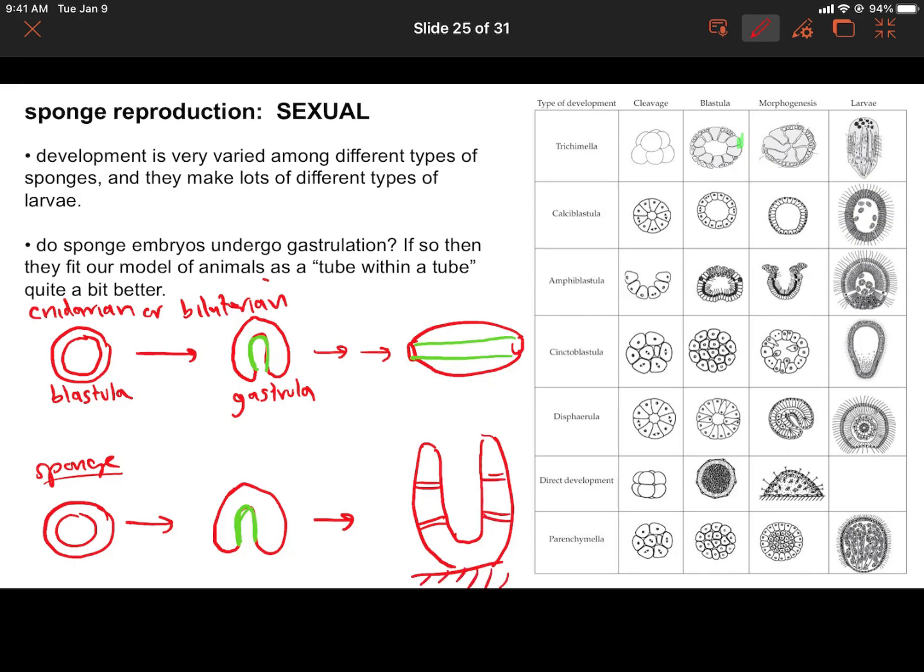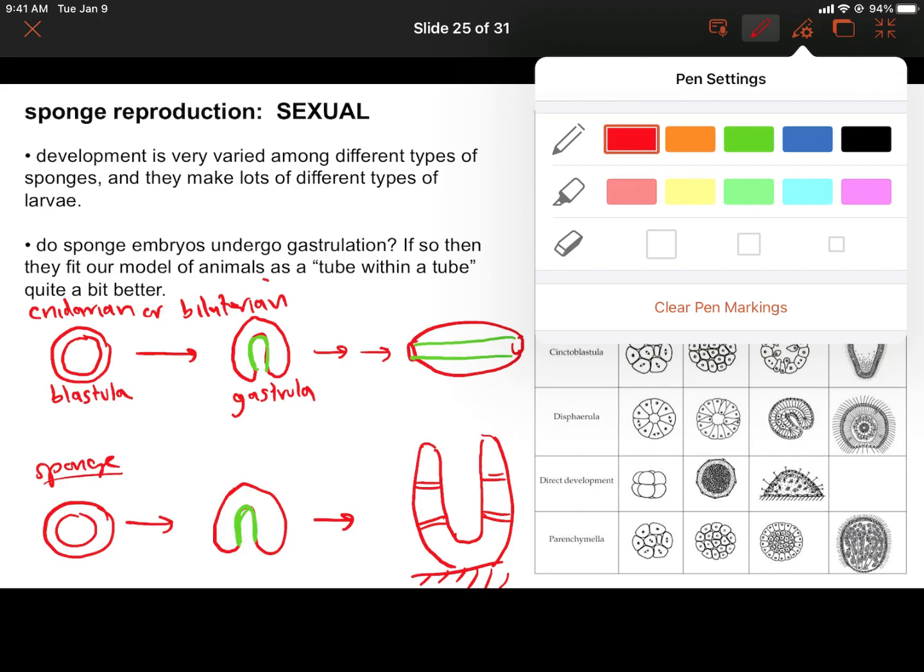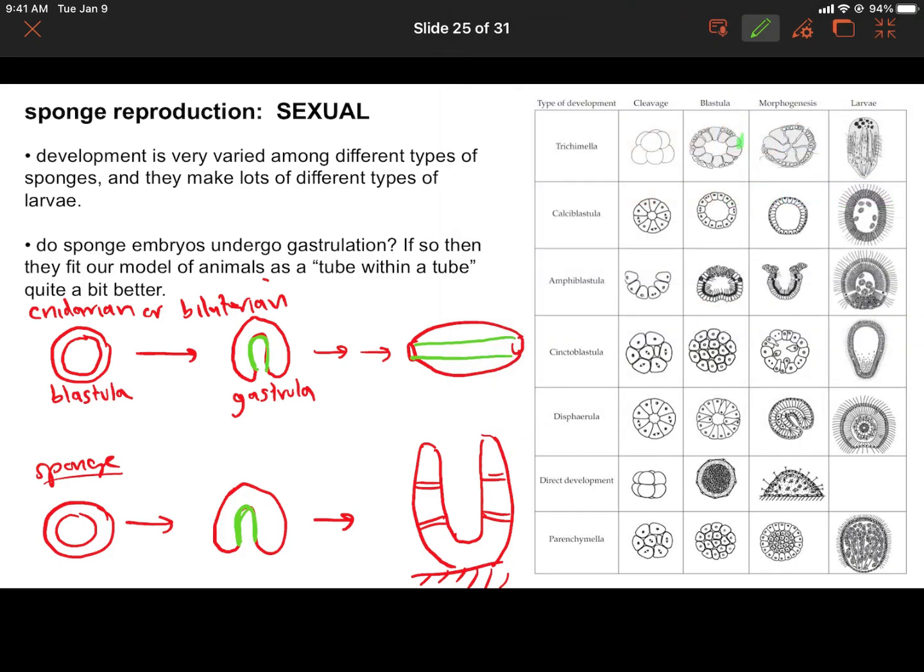Here's the seafloor down here. So we would expect if gastrulation in a sponge was similar to gastrulation in a cnidarian or bilaterian, that those green cells would be on that inner layer. But in fact, if you track those green cells, they end up all over the place, inner layer and outer layer. So gastrulation in sponges looks pretty different from gastrulation in other things.